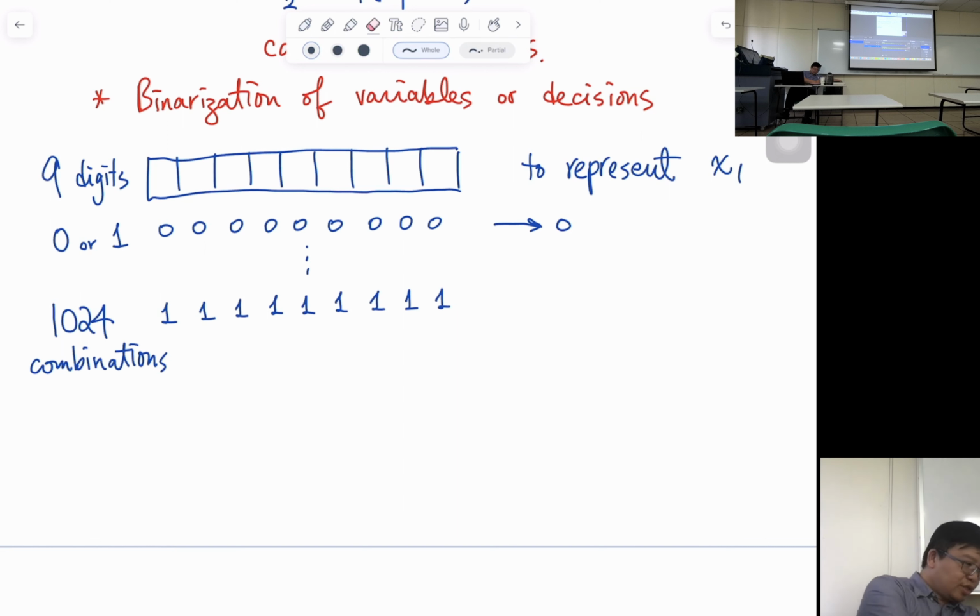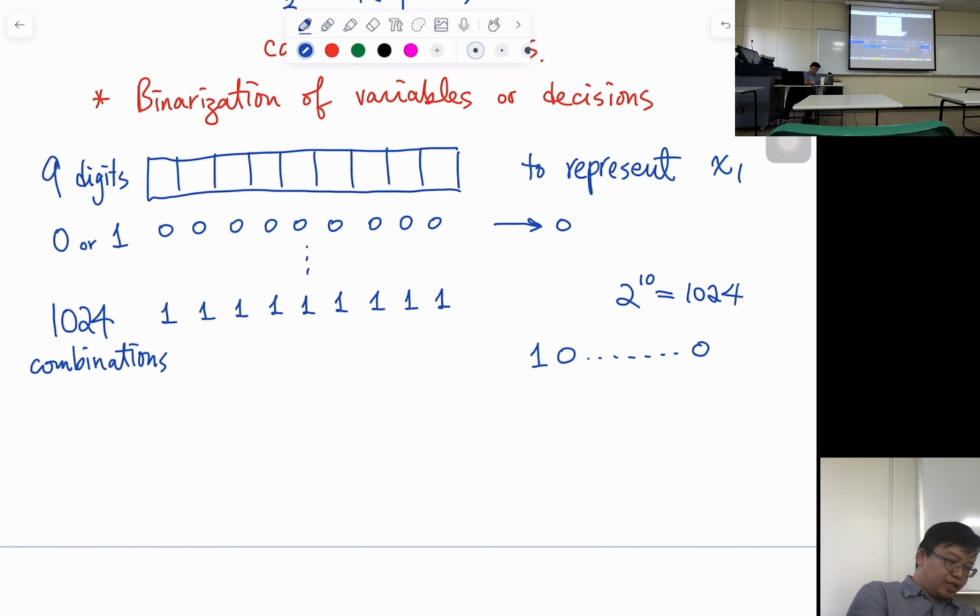And because 2 to the power of 10 is 1024, right? And one digit, so what is 2 to the power of 10 is going to be 1, 0, and 9 zeros, right? This is a binary. This equals 1024, right?